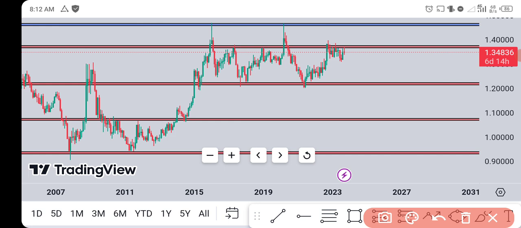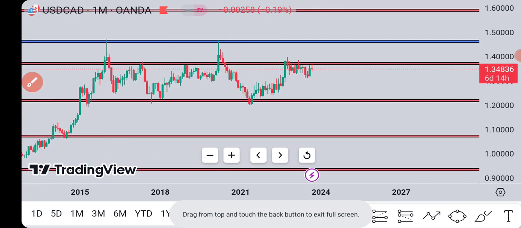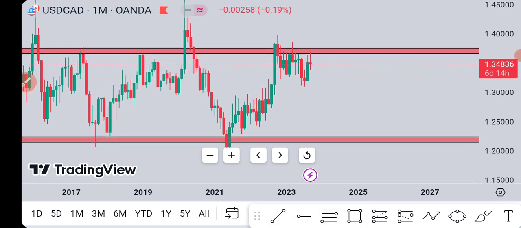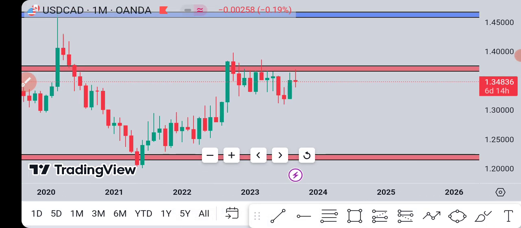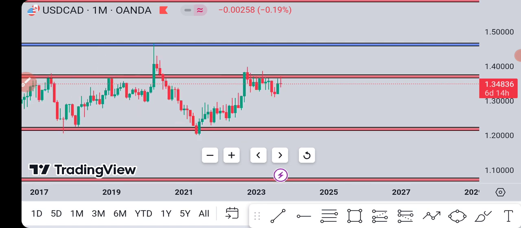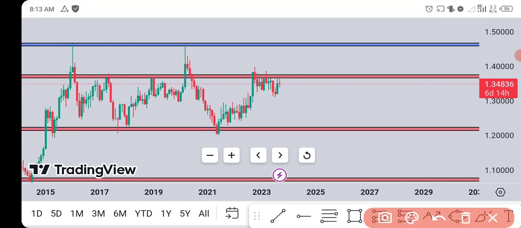So in this case, I'll just look for my trend on the weekly time frame, since the monthly is just ranging. From what I'm seeing now, we are just seeing impulse, correction, another move to the upside.